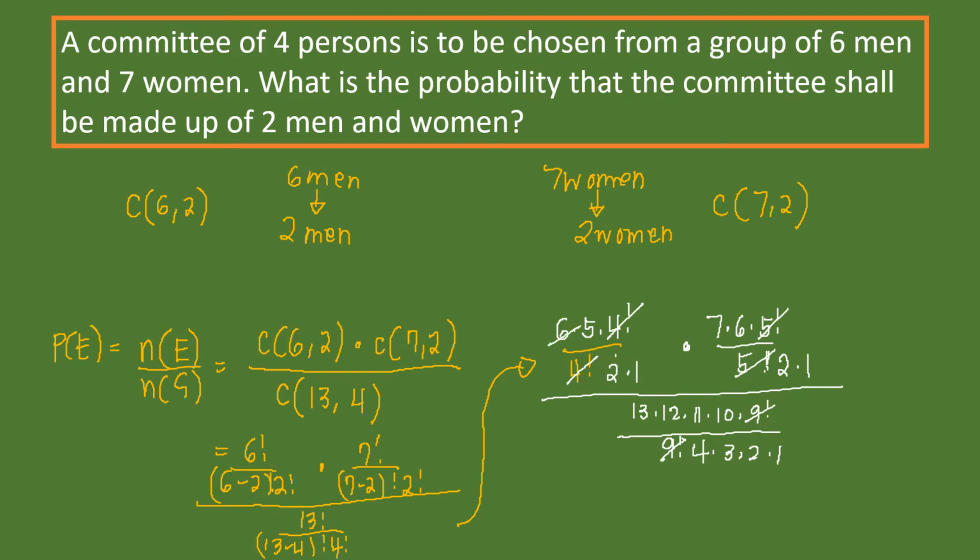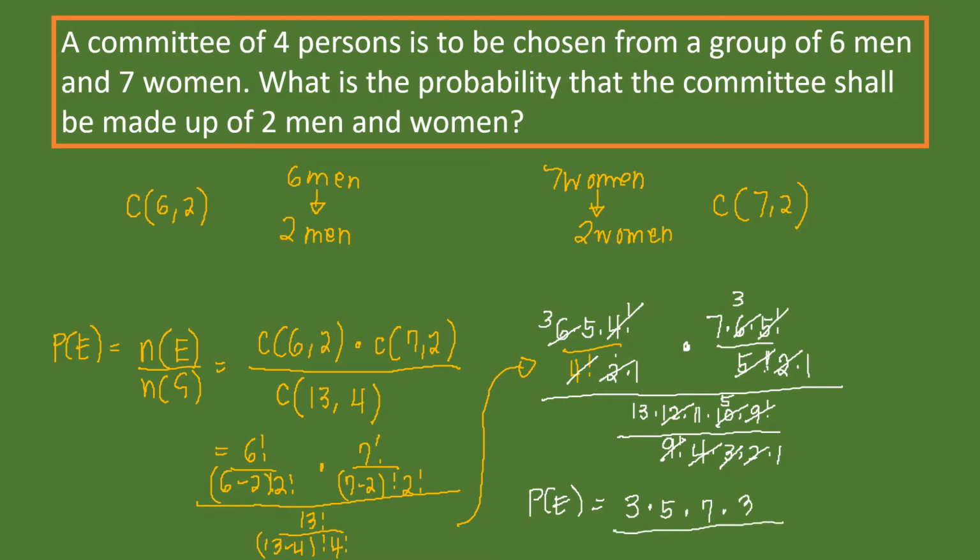So 6 divided by 2 is 3. 6 divided by 2 is 3. 4 times 3 is 12. 10 divided by 2 is 5. So what remains in my numerator is 3 times 5 times 7 times 3.